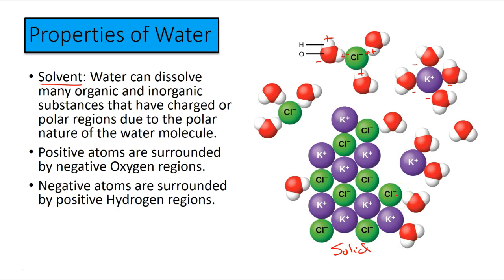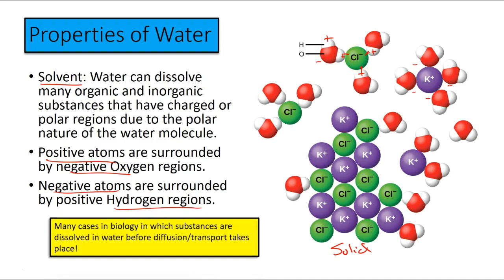It is actually broken apart and held as individual ions, but is still in the solution itself. Positive atoms are going to be surrounded by negative oxygen regions, and the negative atoms are going to be surrounded by positive hydrogen regions. Again, negative is attracted to positive, and positive is attracted to negative.